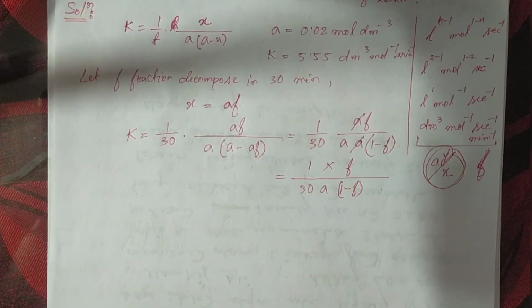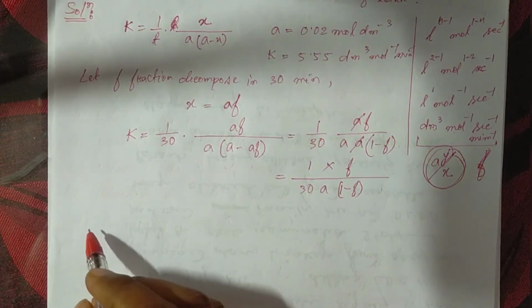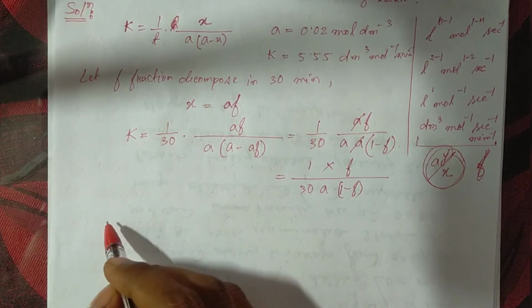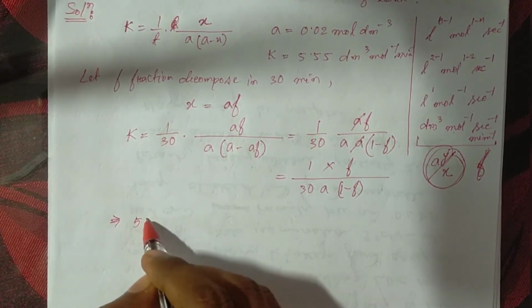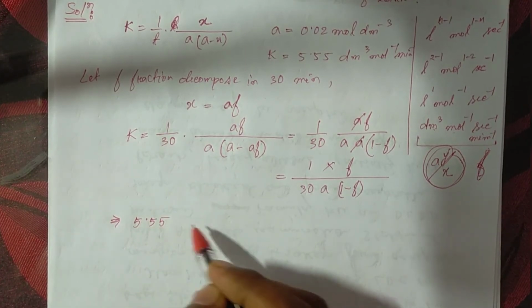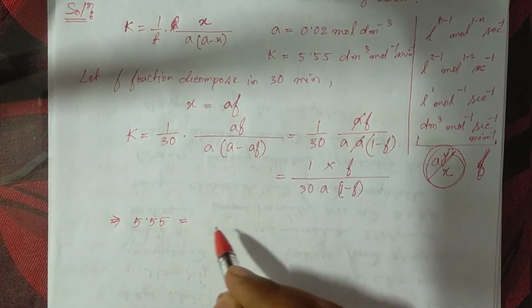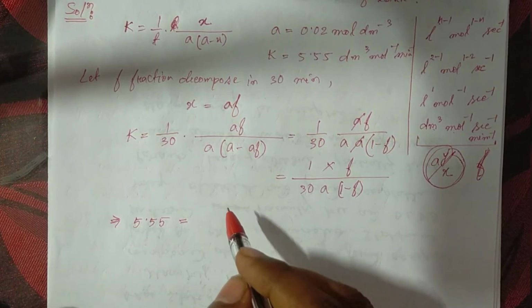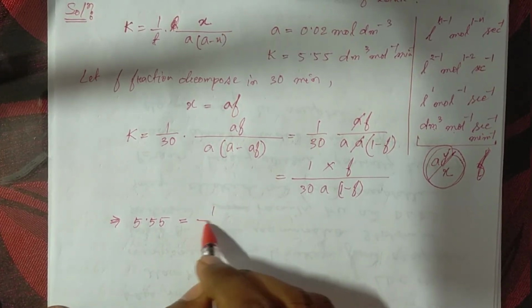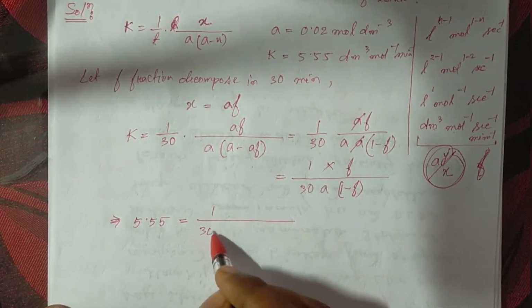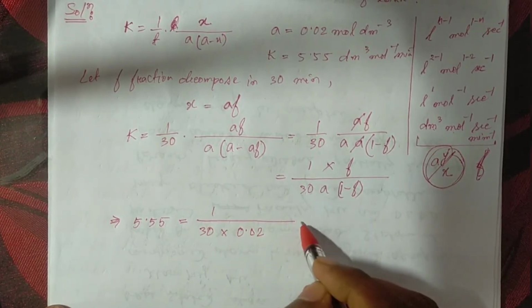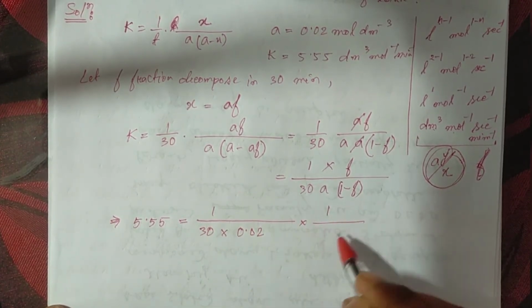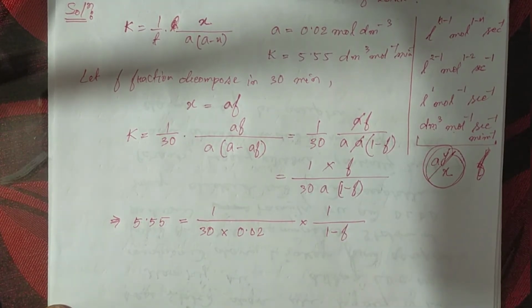Okay, now we will put the value of K and value of A. Here it is 5.55 is equal to f by 30 into 0.02 into 1 minus f.